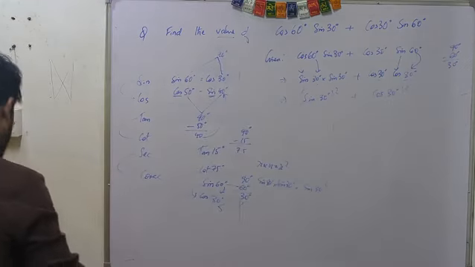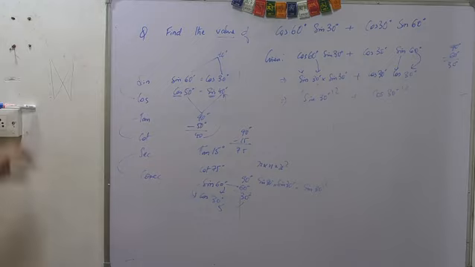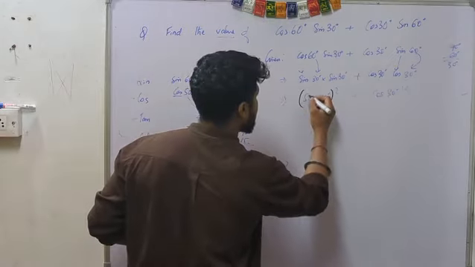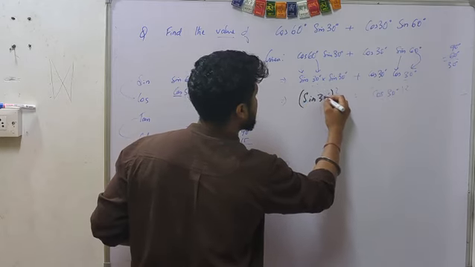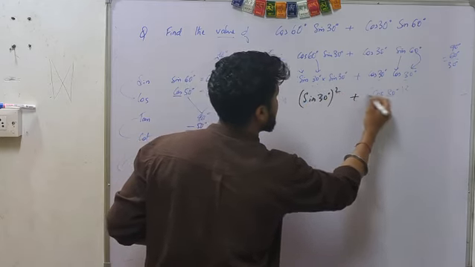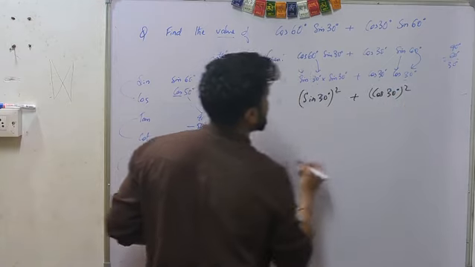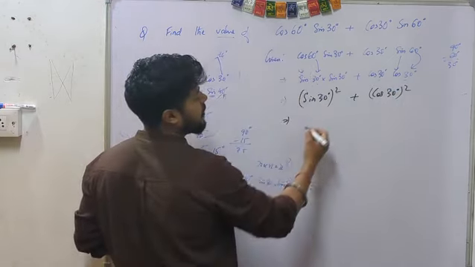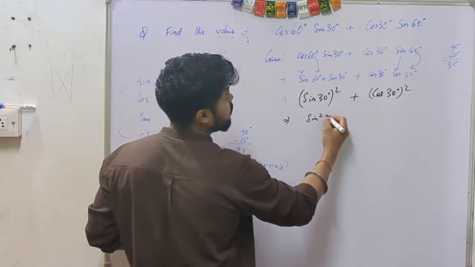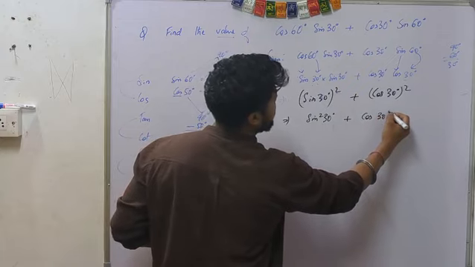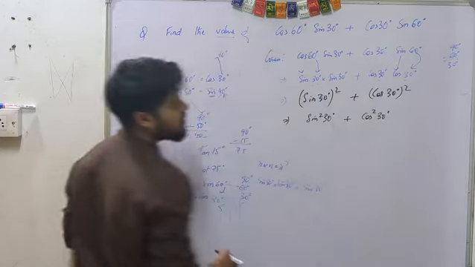The marker got dried up. Sine 30 degree, cos 30 degree. The expression is supposed to be written as cos 30 degree square. Is it okay?